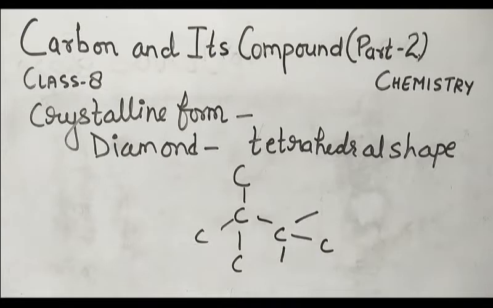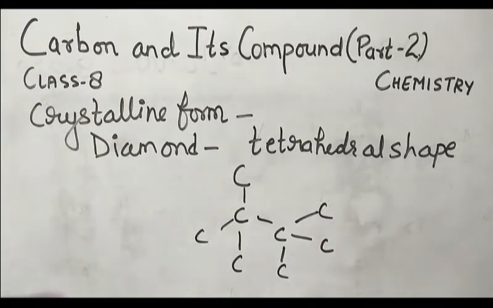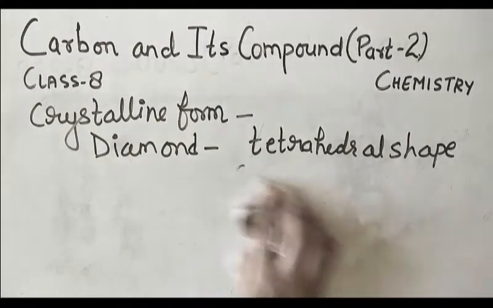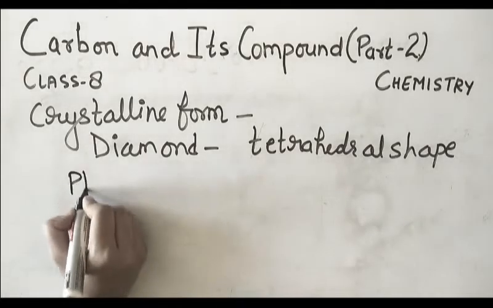Each carbon atom is attached with other carbon atoms, and they form a complete ring and a 3D network-like structure. That is why diamond is very hard. Let us see the physical properties of diamond.